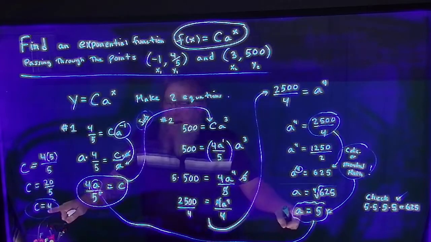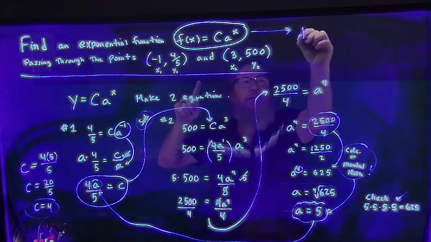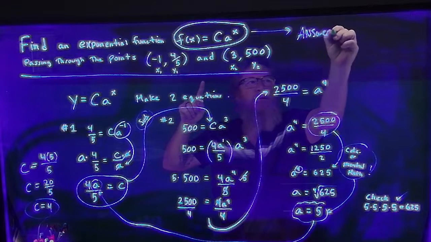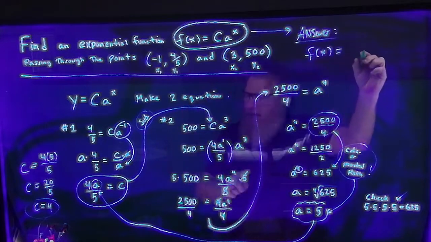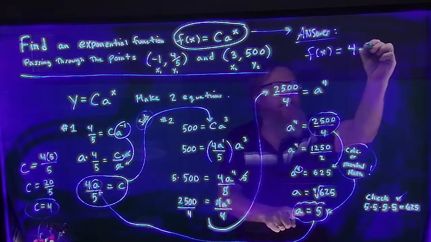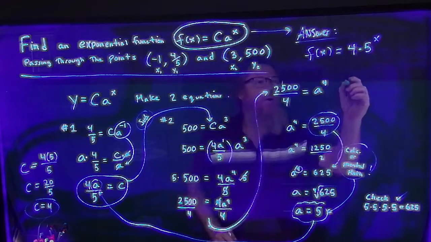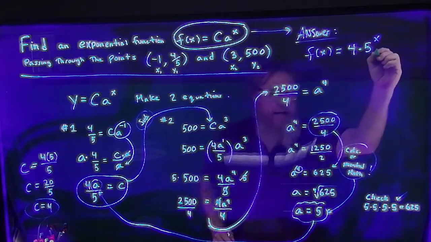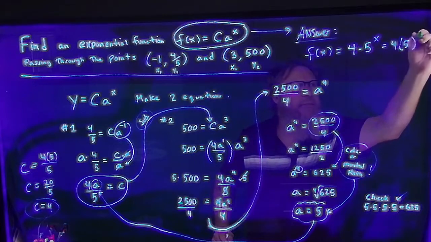You got your A and you got your C. Now you come back here, so your final answer is f of x is C, which is 4 times 5 to the x. Or sometimes I like to write it as 4 parentheses 5 to the x.